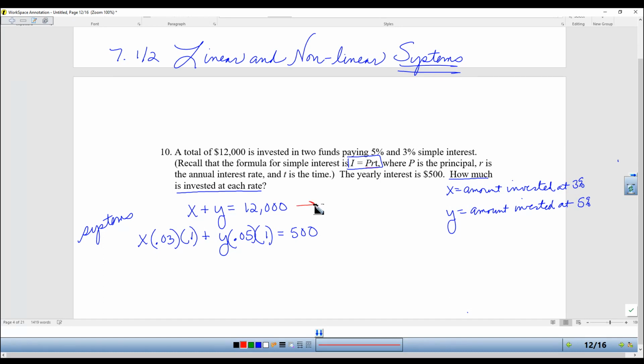So I'm going to change this to Y is equal to 12,000 minus X and substitute that in. So this is 0.03X plus 0.05Y, but in place of Y, I'm going to do 12,000 minus X is equal to 500.